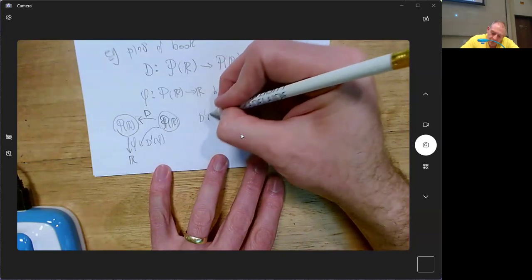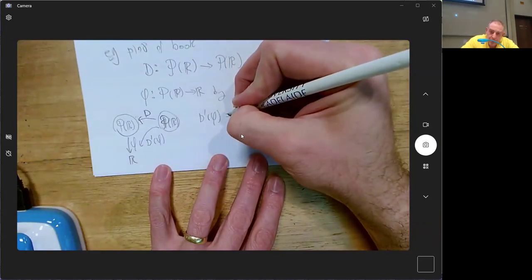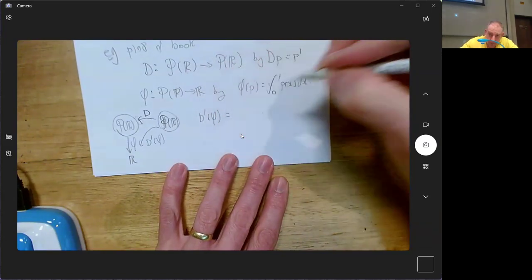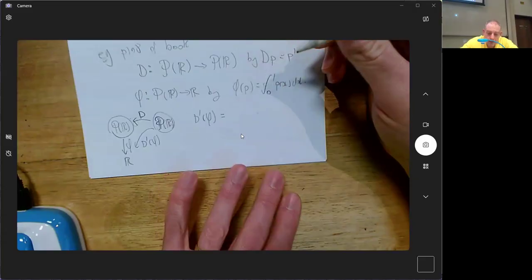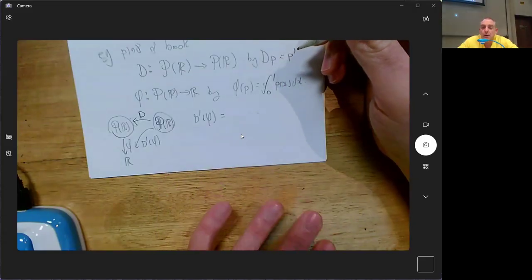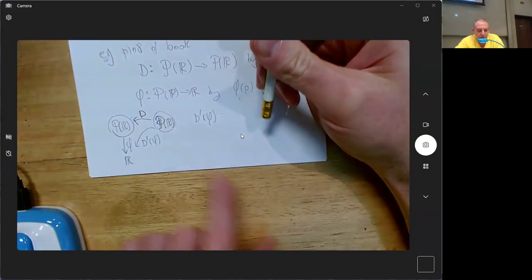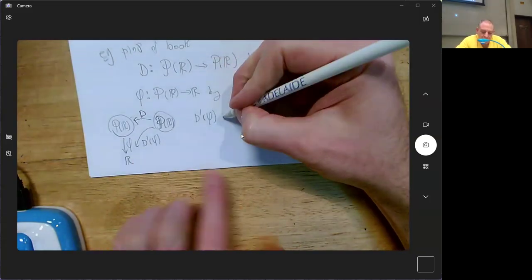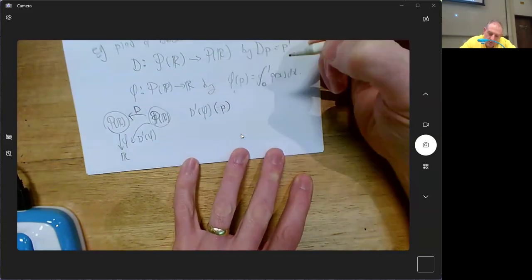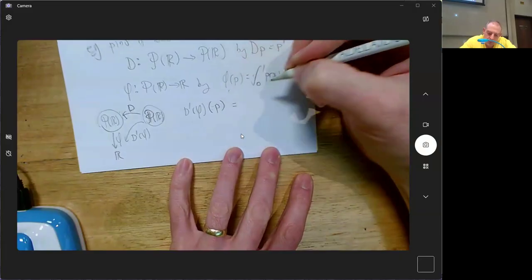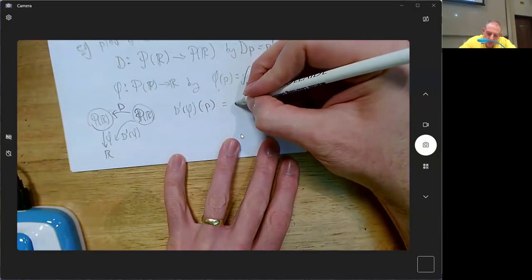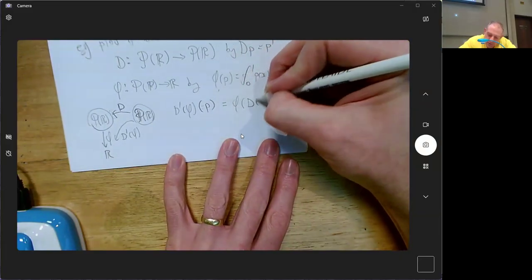And so D dashed of phi is a function which acts on P(R) and produces a number, so it takes a polynomial, right? And it will be phi of D of p.